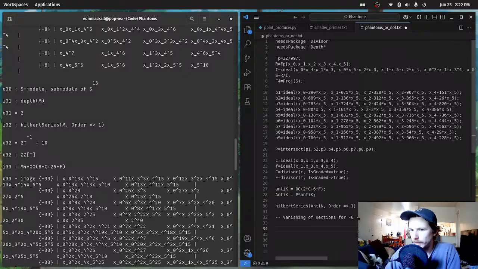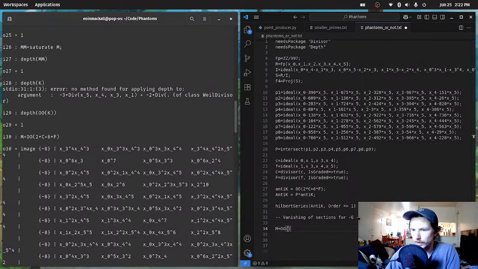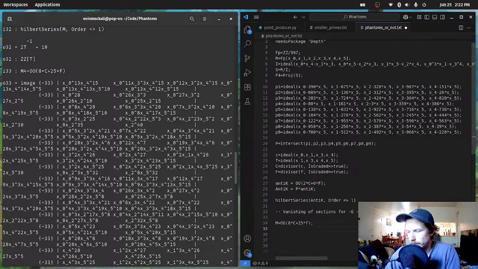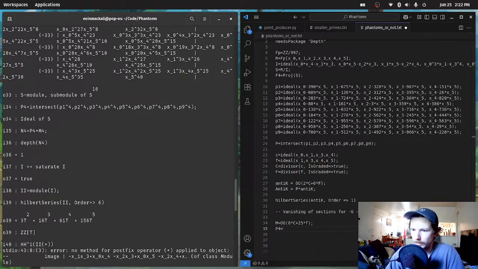This one should be, let's call M to be OO of, what was the module that I picked? So I think it's 8 times C plus 25 times F. And P4, it's going to be the intersect of all these guys, but to order 4.